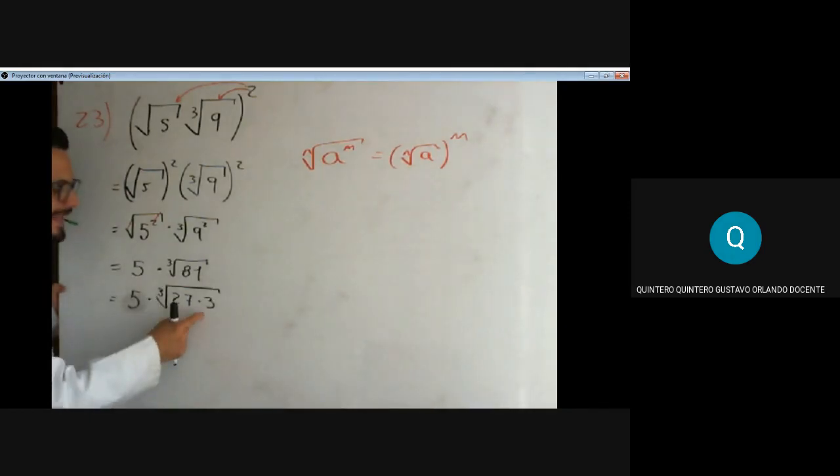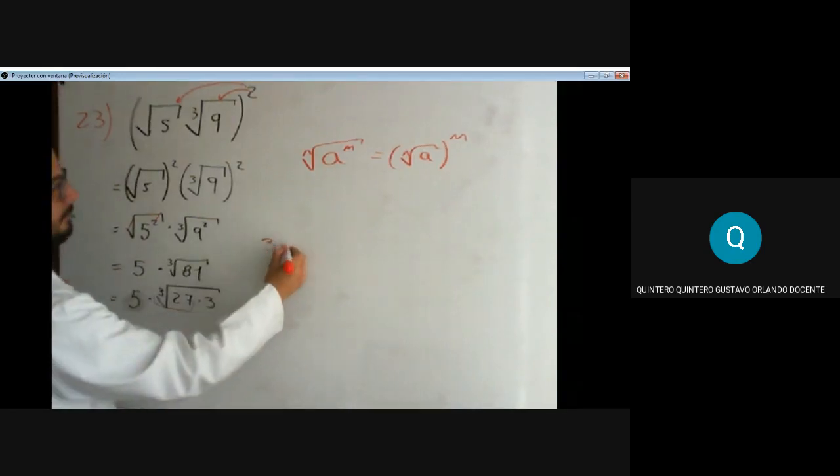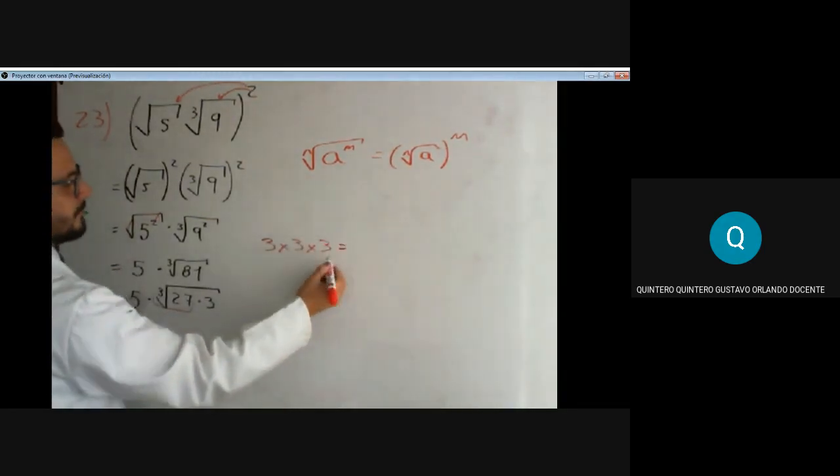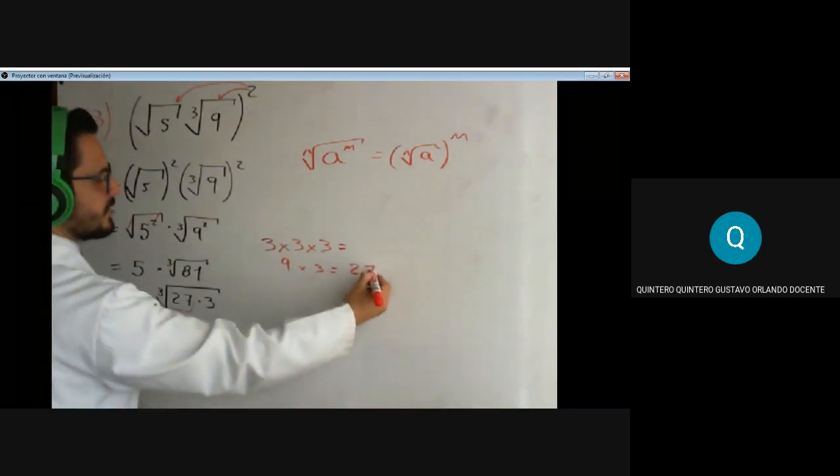And why did I leave it like this? Because the cubic root of 27 is a number we know. Here they are asking us: what number do you multiply by itself 3 times to get 27? 3. 3 by 3 by 3. 3 by 3 equals 9, by 3 equals 27.